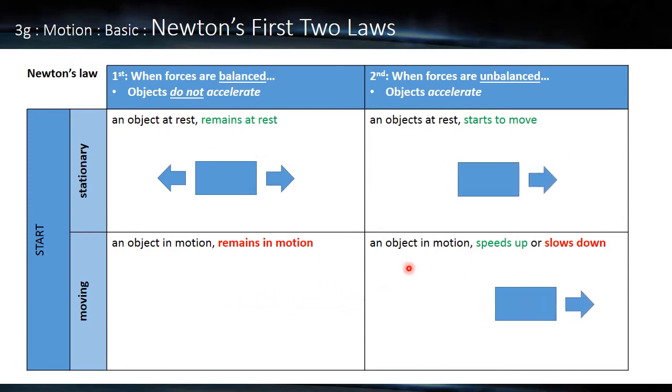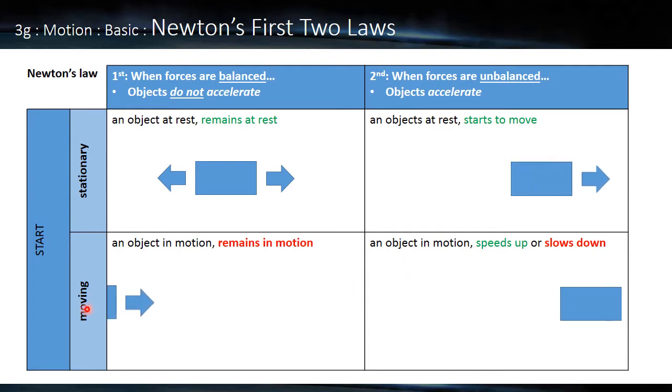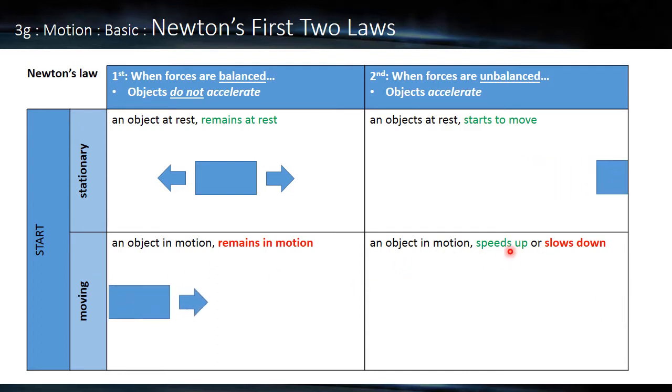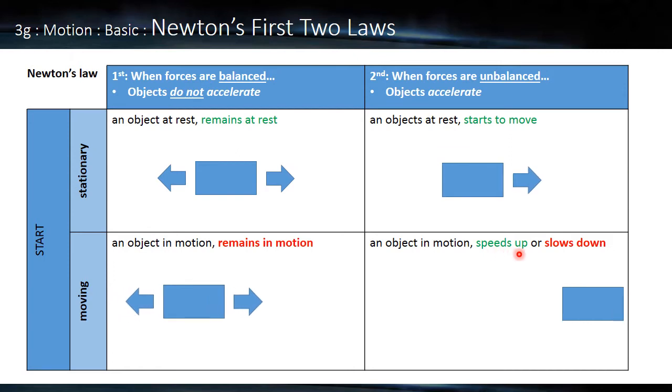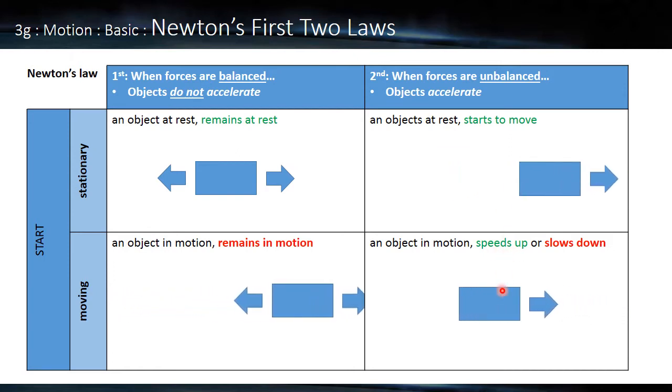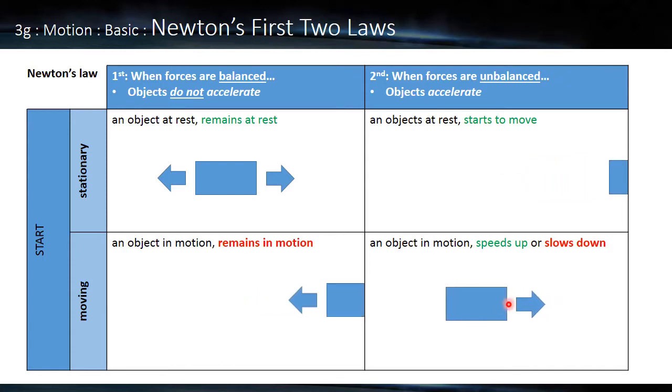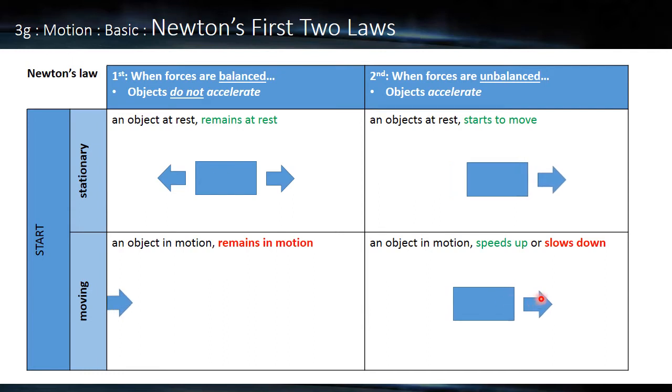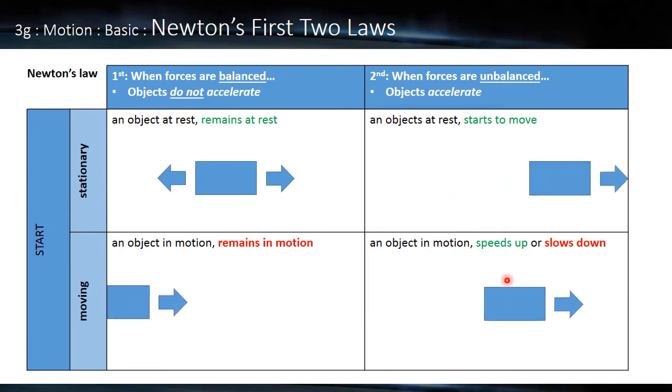Now this fourth situation, we have a moving object again. The speeding up is in green because we find that quite easy to understand. It's really an elaboration of the top situation here. So there's the object, it's going to be moving, and it's just going to move faster and faster. So it speeds up.